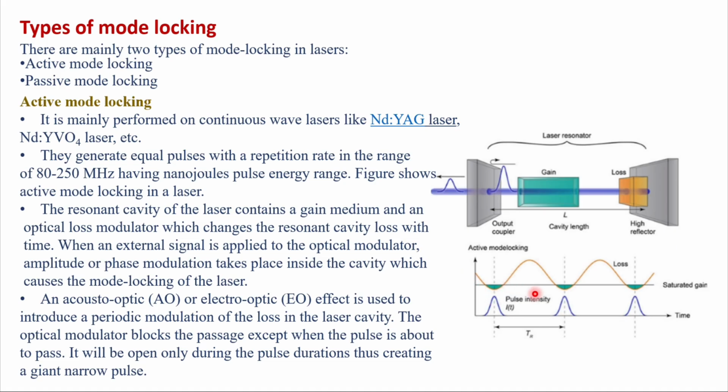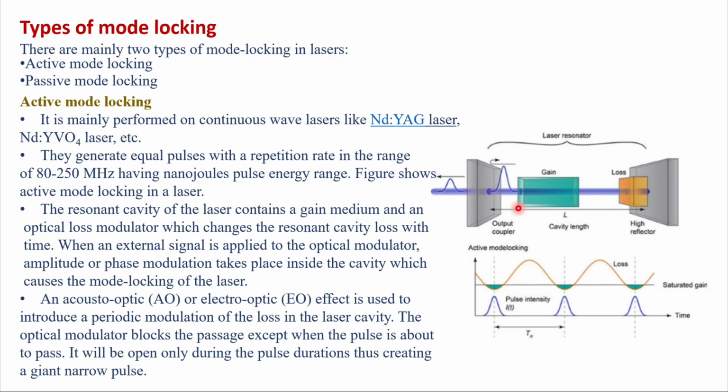This is the loss, and this cyan color is the saturated gain after the mode locking. So this orange curve represents loss modulation inside the laser cavity, the blue curve represents the pulse intensity, and this is the saturated gain of the active mode locking.